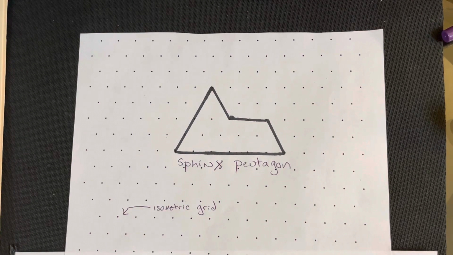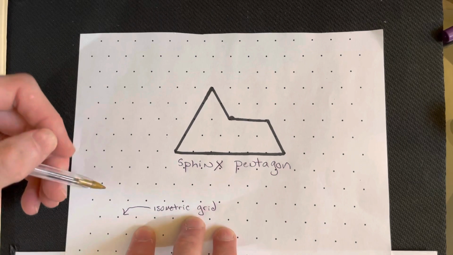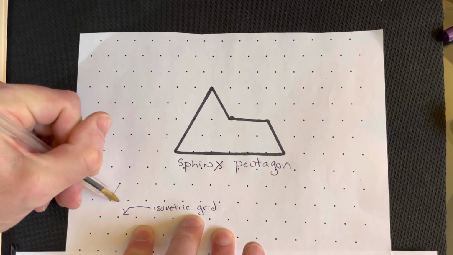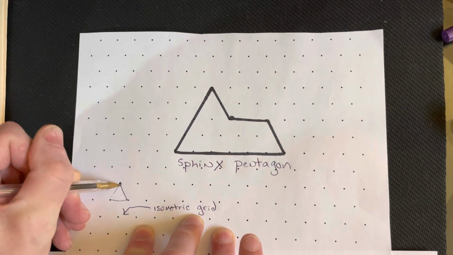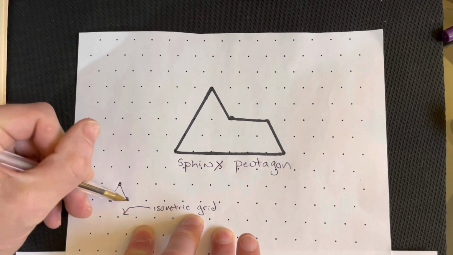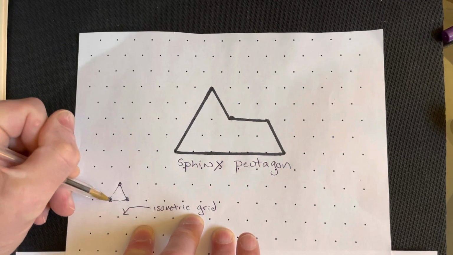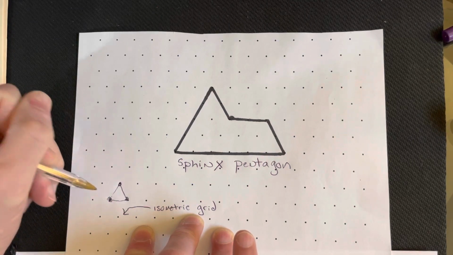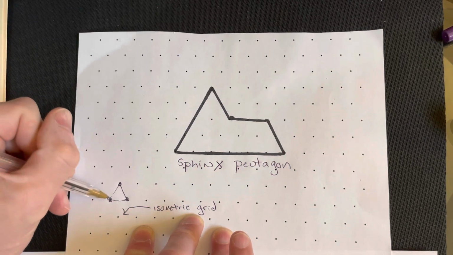So a quite famous one, I'm going to do this example with the Sphinx pentagon. So notice this guy here. First, note I'm drawing it on an isometric grid. An isometric grid is a little different. It's not squares, it's equilateral triangles. Unlike squares, you can start at any point and go to any of the adjacent points, which will all be the same distance from it.